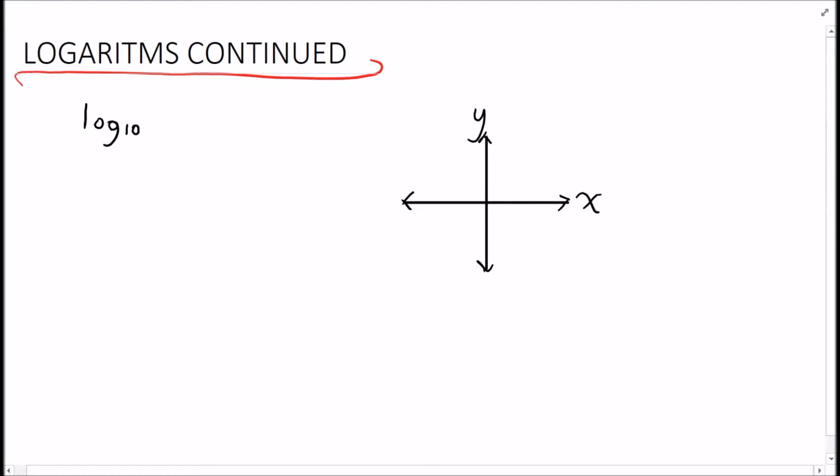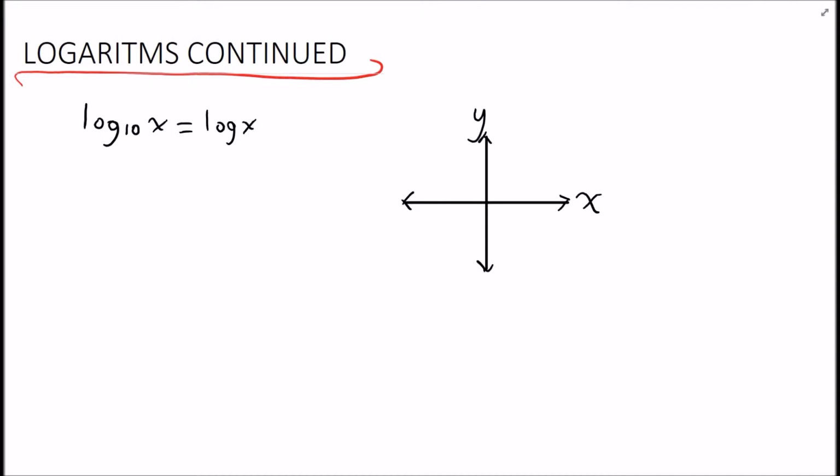So for example, if I had log base 10 of x, that's the same as writing log x. So if you don't see a base whatsoever, you automatically assume it's base 10. It's exactly the same as when you see a square root. That's the same as it actually being the second root. We just never actually write that.